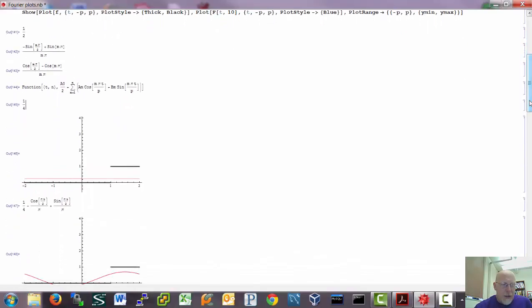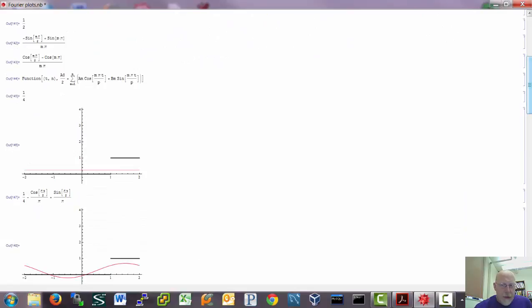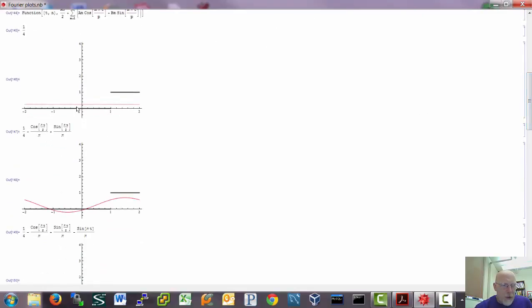And then we're going to sum from 1 to 1. That's this right here. This is saying I want n here to be 1. So we're summing from 1 to 1. And when you do that, here are the first terms in that sum for the Fourier transform. So now we're going to get a frequency of cosine and a frequency of sine, plus that original 1/4.